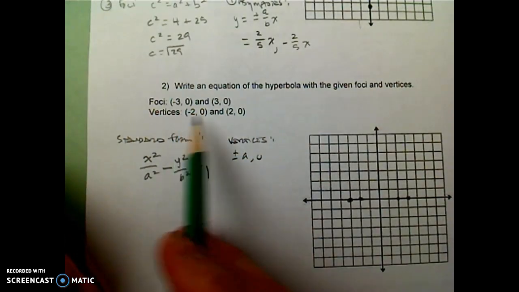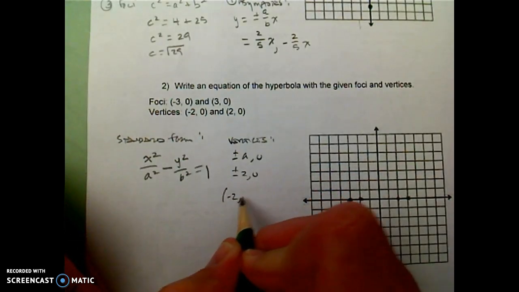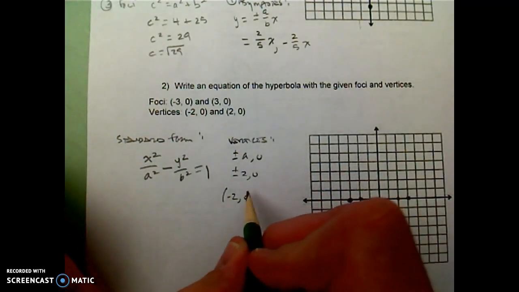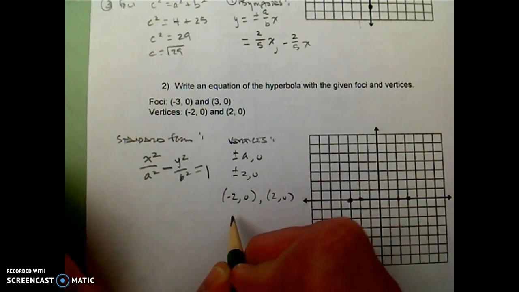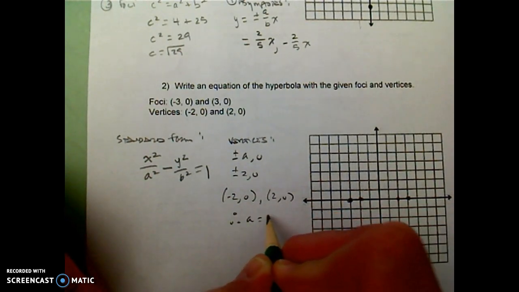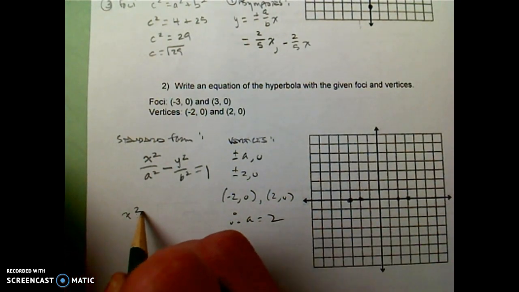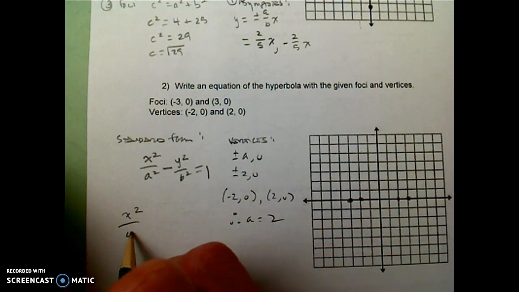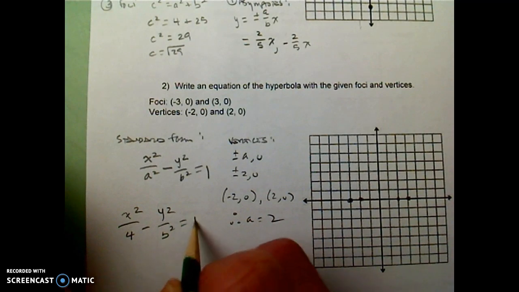And I can see that my vertices are at plus and minus 2 comma 0. So I have one at -2, 0, and 2, 0. Therefore, my a value has to be 2. So I now have x squared over 4 minus y squared over b squared equals 1.